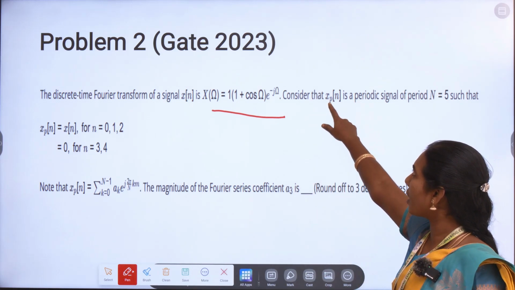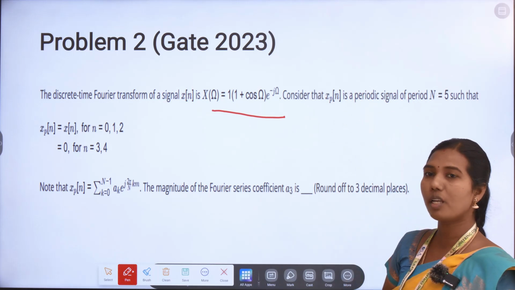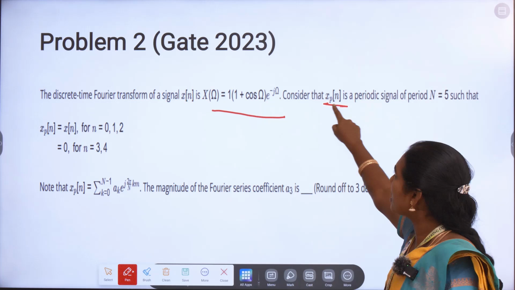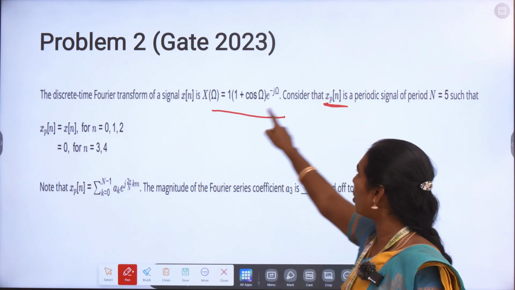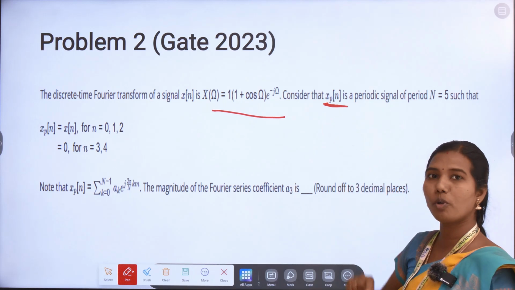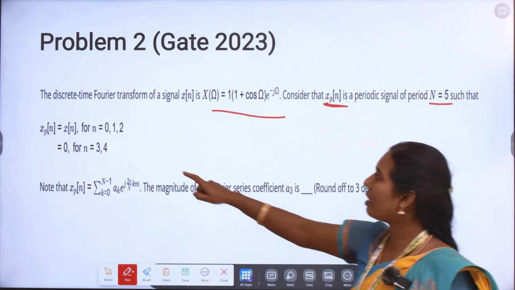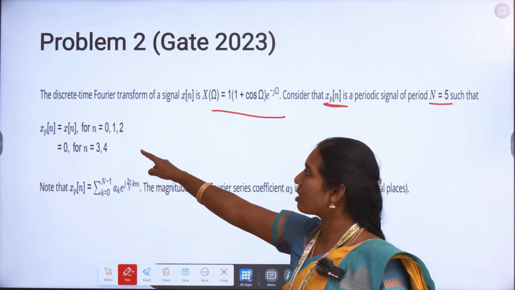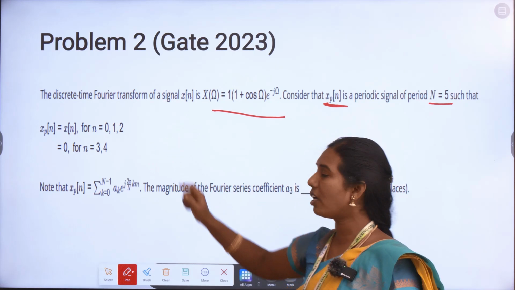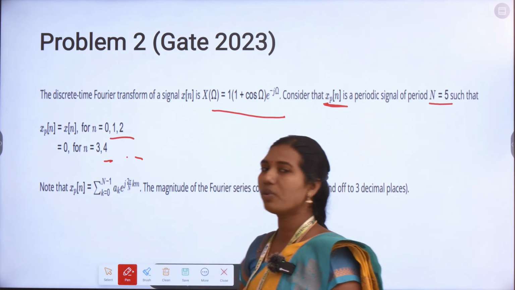Consider here xp of n, which is the periodic signal of period N equal to 5. xp of n is the periodic signal representing x of n, whose period is N equal to 5. Here xp of n is equal to x of n for n values 0, 1, 2, and for 3 and 4 the value is 0.